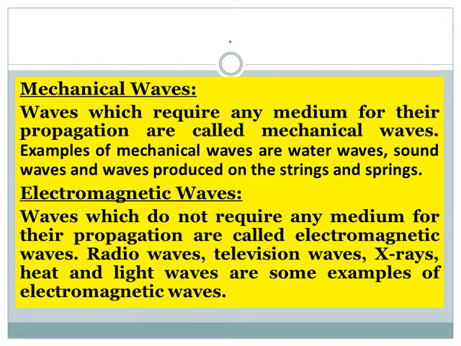Those waves which require a medium for their production or for their propagation are known as mechanical waves. For example, water waves require water particles for their propagation. Sound waves require air particles for their propagation.